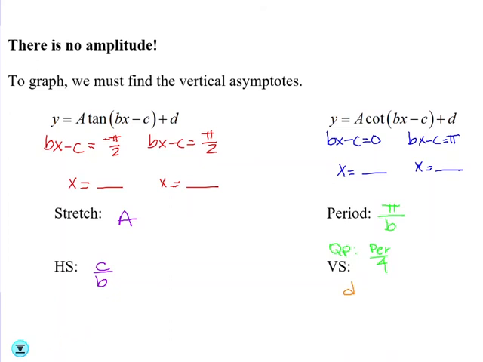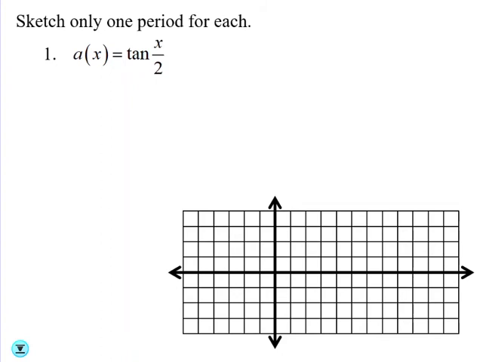So let's look at a few examples. We want to sketch one period for this graph. We have a tangent function, so we need to find the two asymptotes for this function. So we need to take bx minus c and set it equal to negative pi over 2 and positive pi over 2.